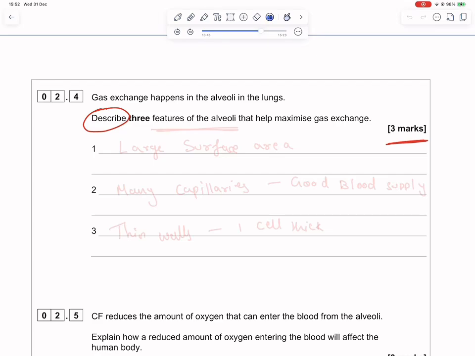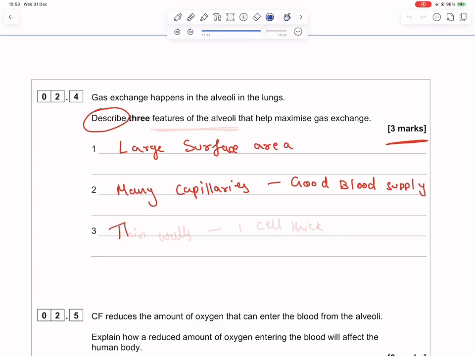Now, the 3 answers here, which we can go ahead and write. 1 is the large surface area of the lungs. The second one is we have many capillaries, which provide a good blood supply. And the third one is the capillary walls.